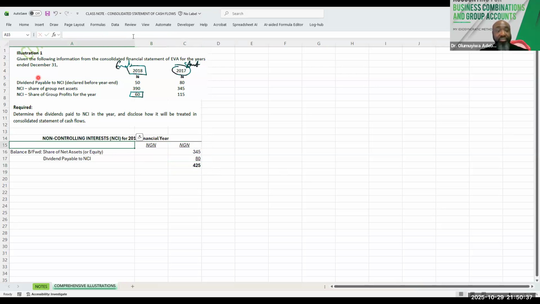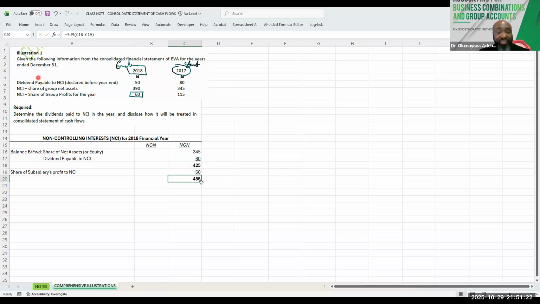Now, my share of profit to NCI, which means share of subsidiaries' profit to NCI, will increase this by 60. And doing so, it means the equity value plus the dividend payable, when you sum it up, is supposed to increase from 425 to 485.